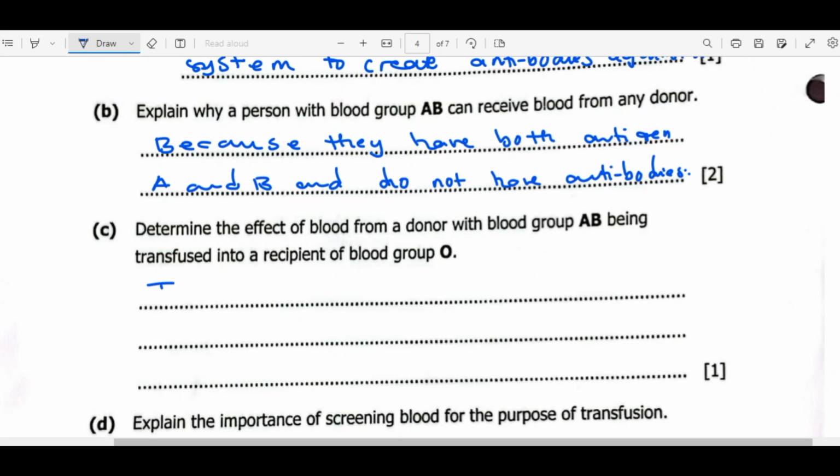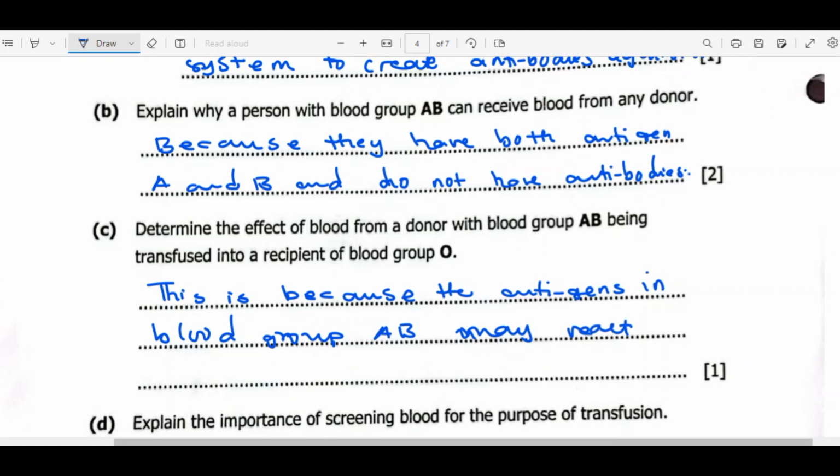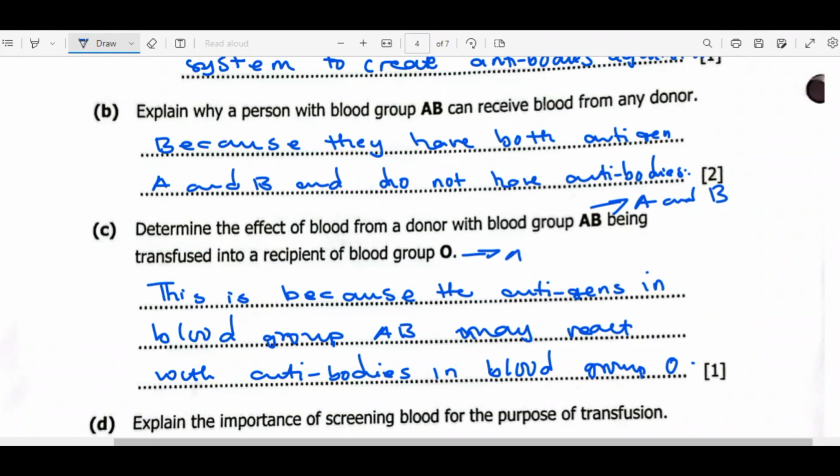So we'll say this is because the antigens in blood group AB may react with antibodies in blood group O. Remember, blood group AB has antigens A and B. Then blood group O has antibodies A and B. And we don't want the same types of antigens and antibodies to be present in one blood.